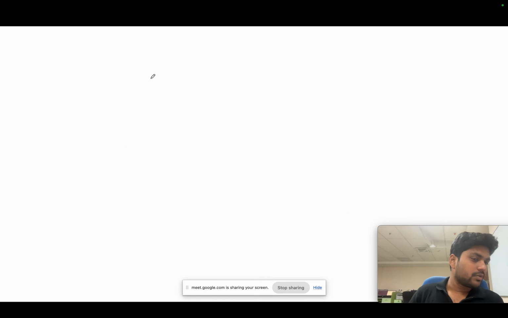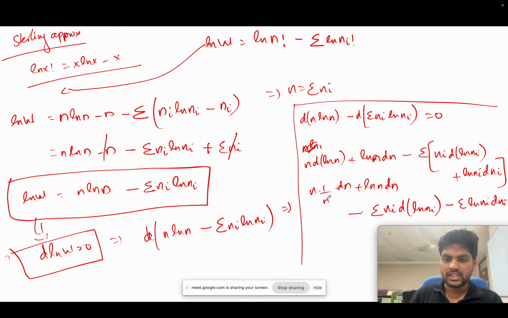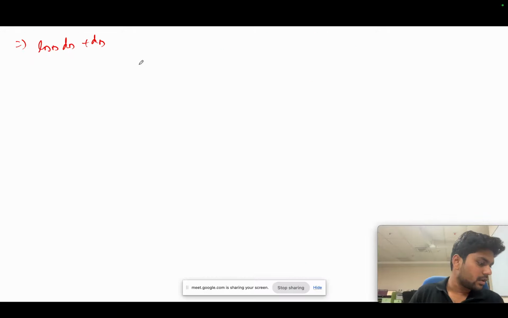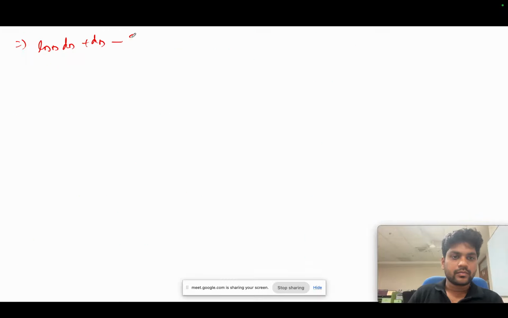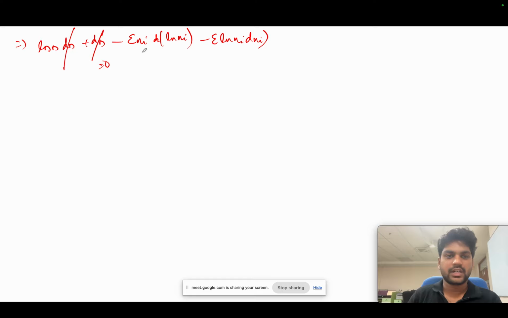From this equation what we can get is ln n dn plus dn. Now dn will get cancelled because it is constant, and the other will get cancelled because the number of particles is constant, always.